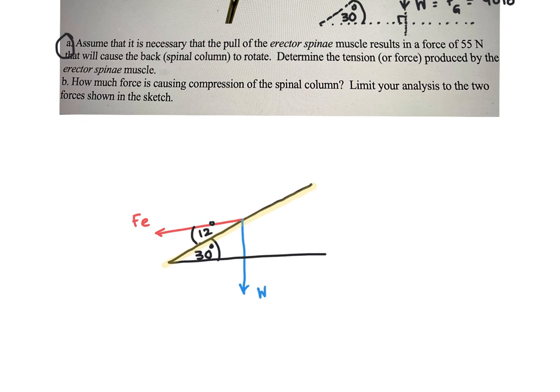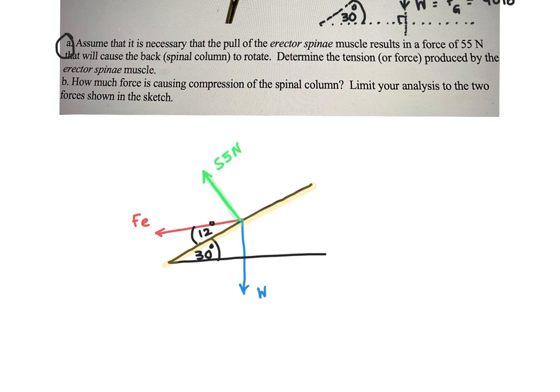So there is a force. I'm going to draw it using, let's say, this green color. This is the force that they are talking about, which is perpendicular to the spinae muscle, and that force is given to us as 55 newtons.